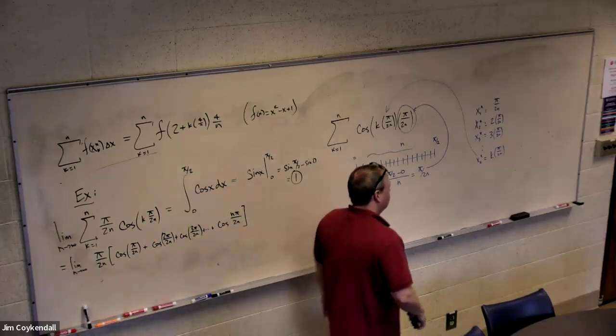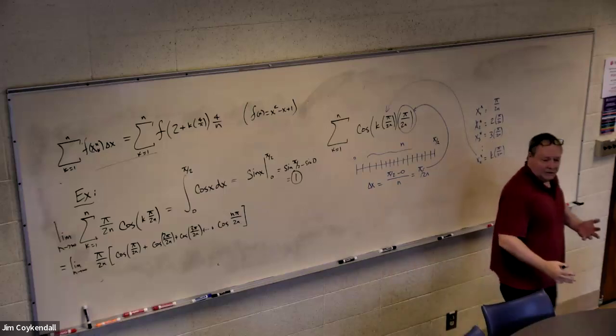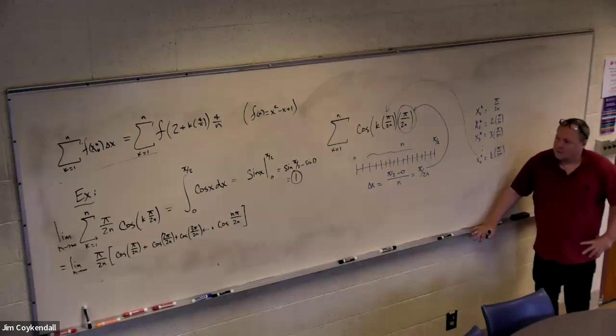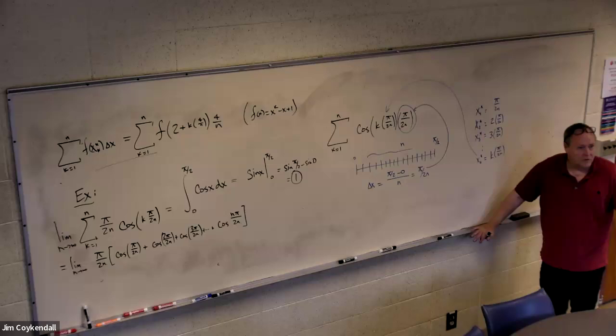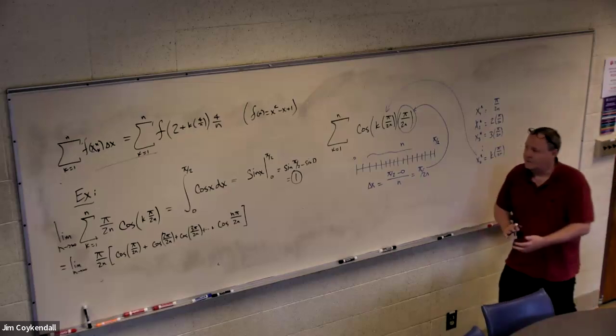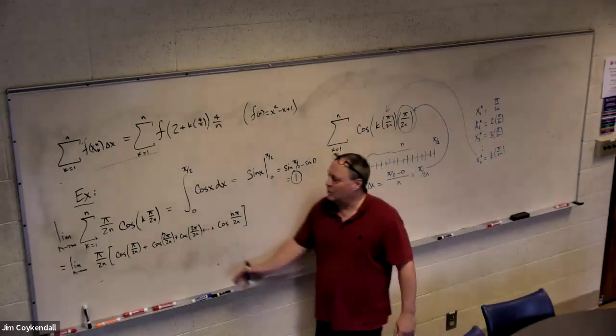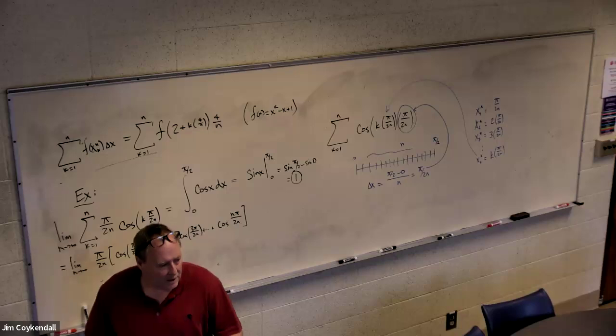So sometimes this is kind of a turnabout, because when we started, before we did the fundamental theorem of calculus, we figured out what integrals are by taking a limit. Now we know the fundamental theorem of calculus, we can also do it in reverse. I got a limit, but I didn't know what it was, and I said, hey, you know what?